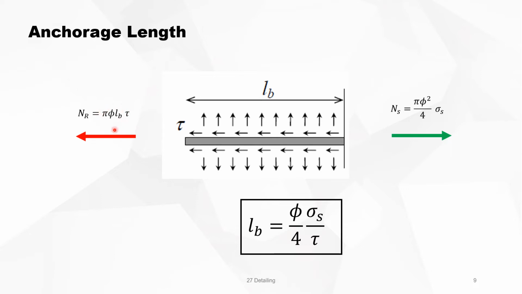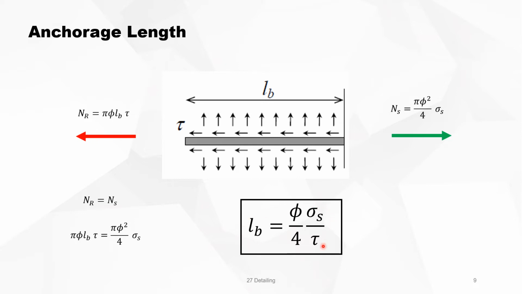So you have the surface of the rebar multiplied by the shear stress. Now, in equilibrium, they must be equal. If you put in the numbers and you solve it for the length L_b, then you know if your length L_b is equal to phi over 4 multiplied by the steel stress divided by the bond stress, then you have an equilibrium and the rebar will stay in the concrete.